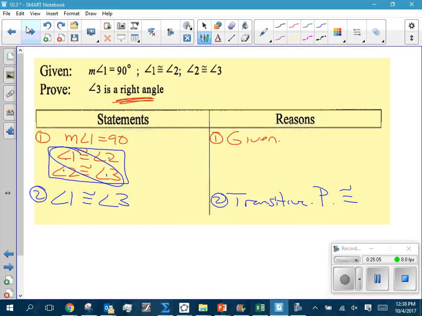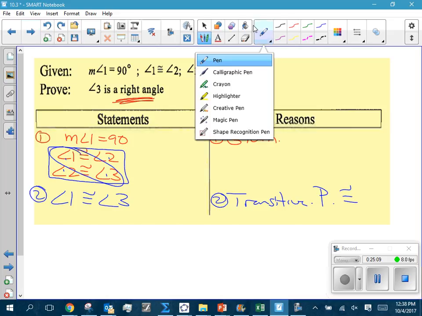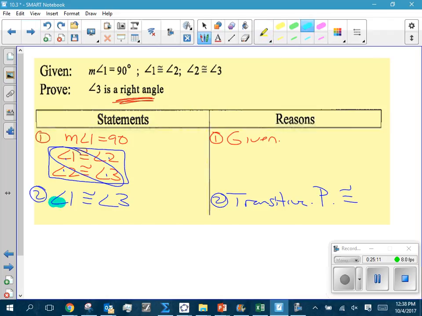Well, here's what's nice: once we have angle 1 and angle 3, we now have angle 3 referencing back to being the same as angle 1, don't we? If 1 is congruent to 3, that means if I had those two angles in front of me, they would overlap, right? We would cut and paste one on top of the other. Well, if one of those has a measurement of 90, what's the other one have a measurement of? 90 as well.